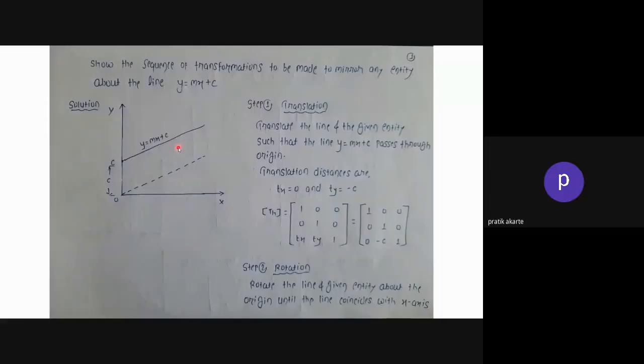This is because we have the equations for the transformation matrices for reflection which are available: reflection about the x-axis, reflection about the y-axis, or reflection about the z-axis. So we can reflect any entity about the principal axis only.